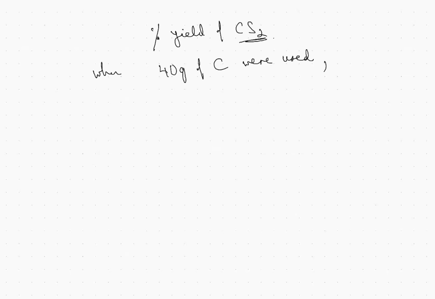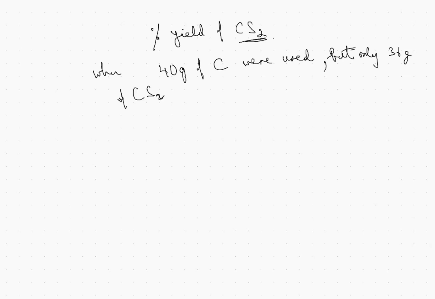Okay, now determine the percent yield of CS2, when 40 grams of carbon were used, but only 36 grams of CS2 were produced.